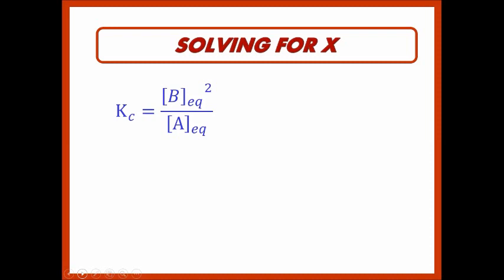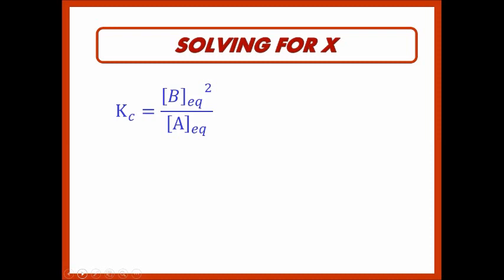Now we know that the equilibrium constant Kc is equivalent to the law of mass action for the reaction. So therefore, for this example, it is equal to the equilibrium concentration of the product B squared over the equilibrium concentration of reactant A.